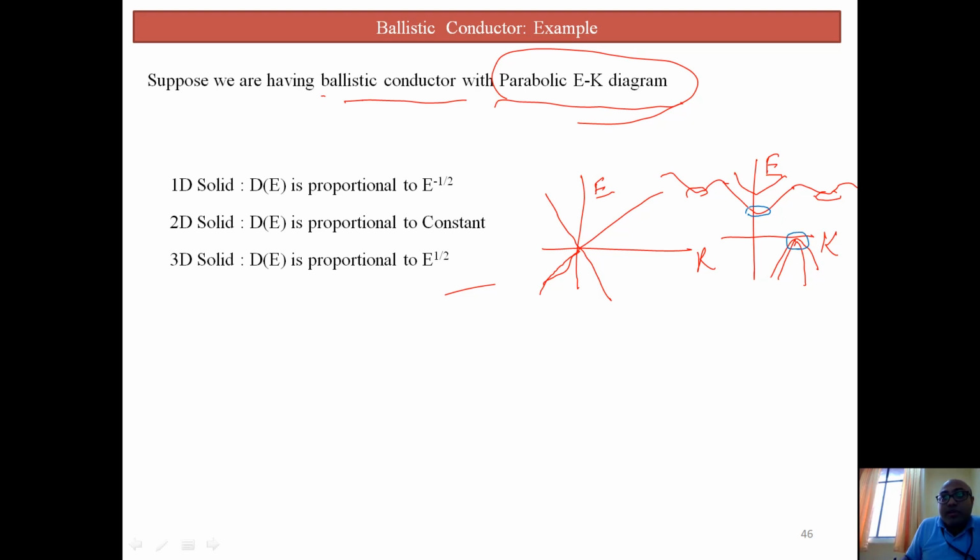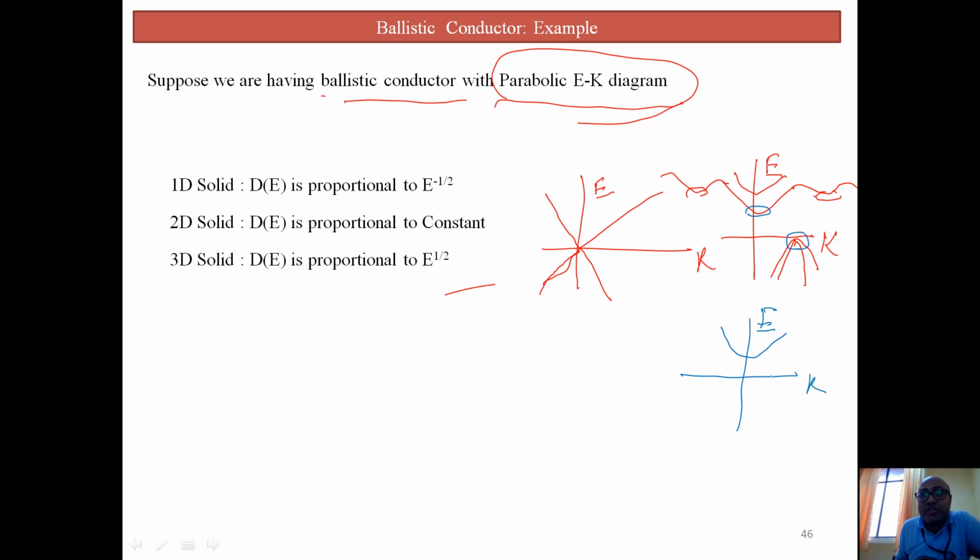Only this portion, just a small amount. So in this portion you have E versus K.